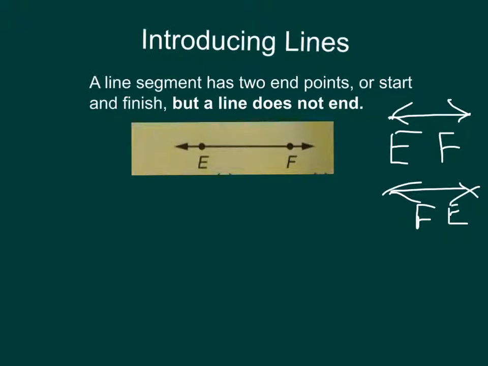Now I'm going to add another point on this line, and we'll call it G. As a class, let's pause and look at all the different ways we could write this with the new point G on our line. So let's pause the video now.